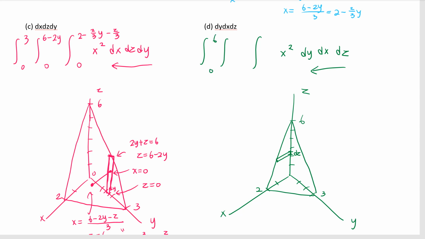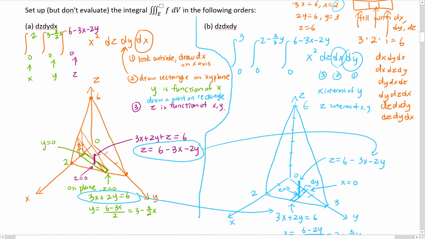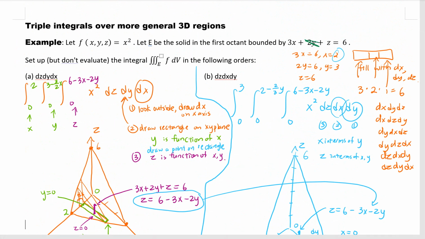How about x? We want to express x in terms of z. So this guy is x is 0. But this guy, this is the line, right? The line on the xz plane. Xz plane means y is 0. So find our plane and we let y be 0.